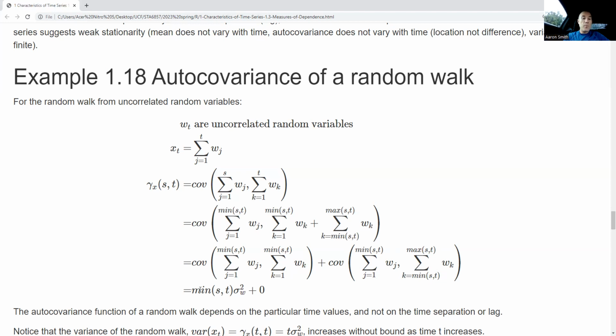If I work through this, I expand out the formula that we had previously for the covariances. Once again, every time the subscripts match, I'm going to have a non-zero covariance. Every time the subscripts do not match, I'm going to end up getting 0. And how many times do they match up? It's going to be the minimum of S and T.